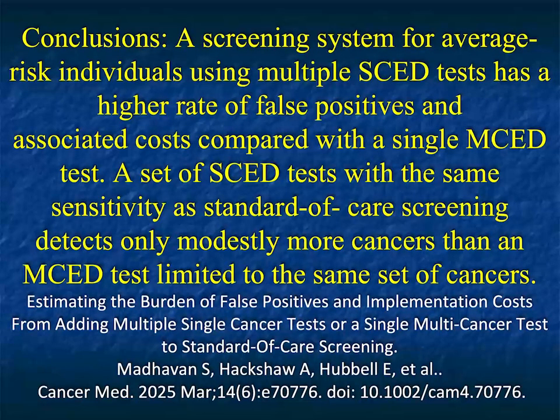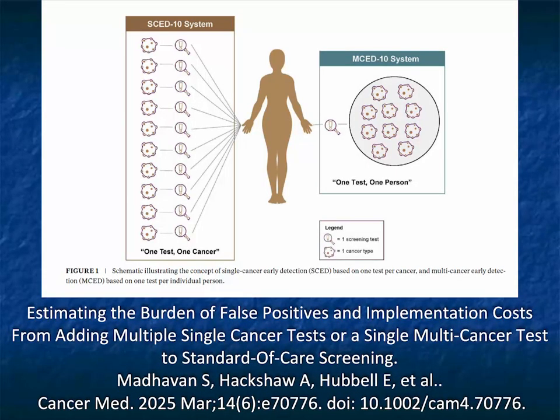A set of single cancer detection tests with the same sensitivity as standard of care screening detects only modestly more cancers than an MCED limited to the same set of cancers. So what they're saying is, at this point and likely for the future, the multiple cancer scheme is what's going to happen, because the accuracy is essentially the same if you developed multiple different single tests for multiple different cancers.